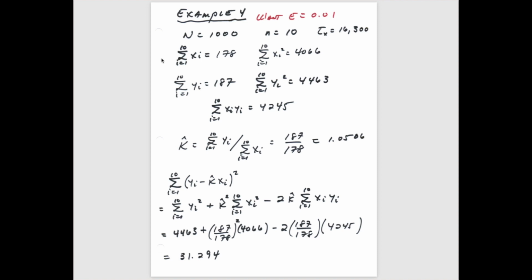Calculating the summary statistics, we have here the sum of the x's is 178. The sum of the squared x's is 4,066. The sum of the y values is 187. The sum of the y squared values, or in other words, the uncorrected sum of squares of the y values, is 4463. And then the sum of the products of the x's and the y's is 4,245.